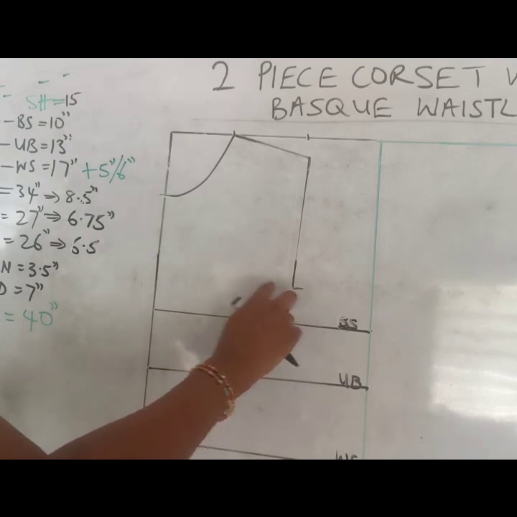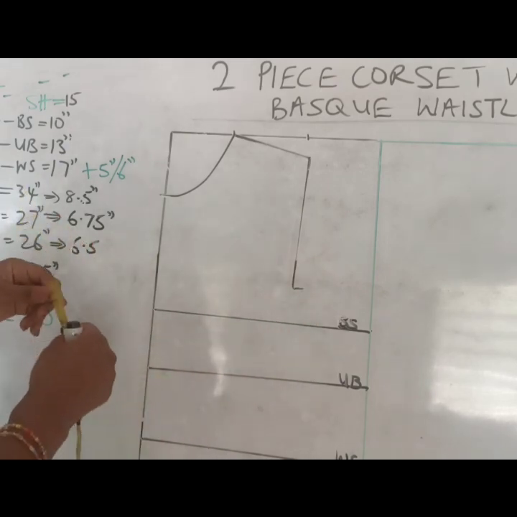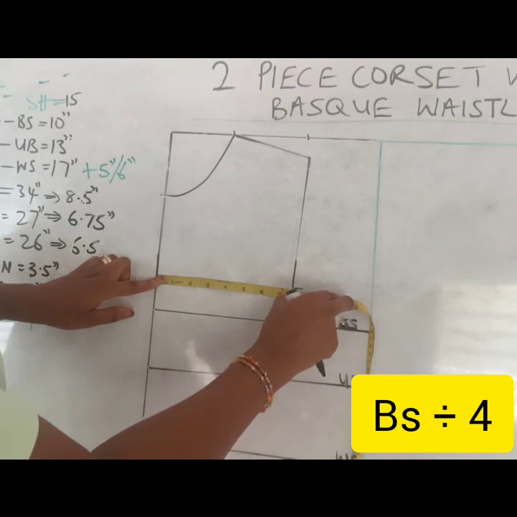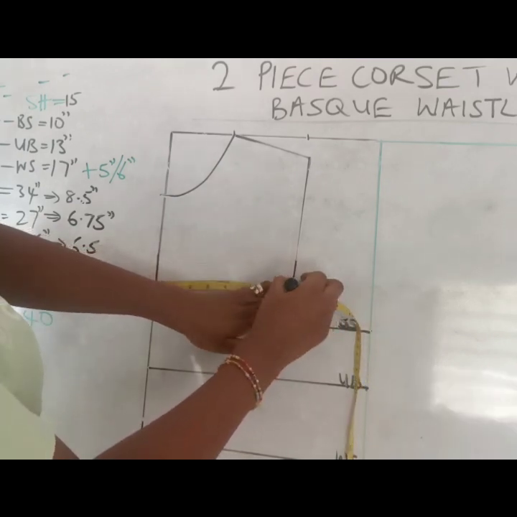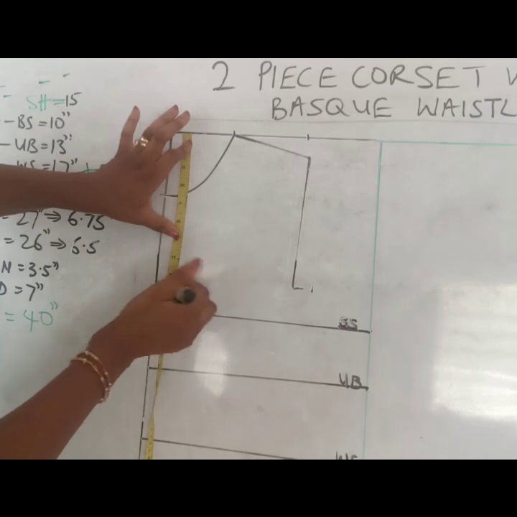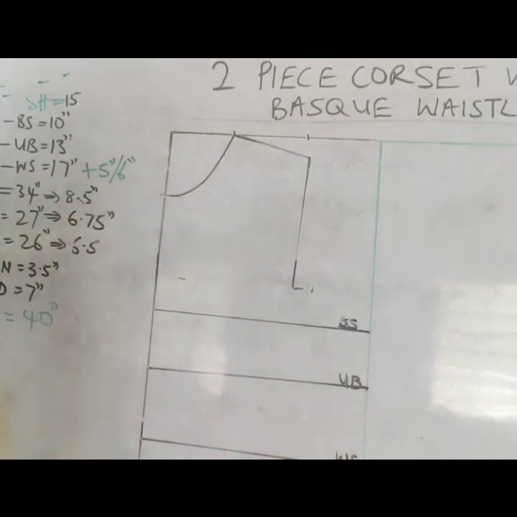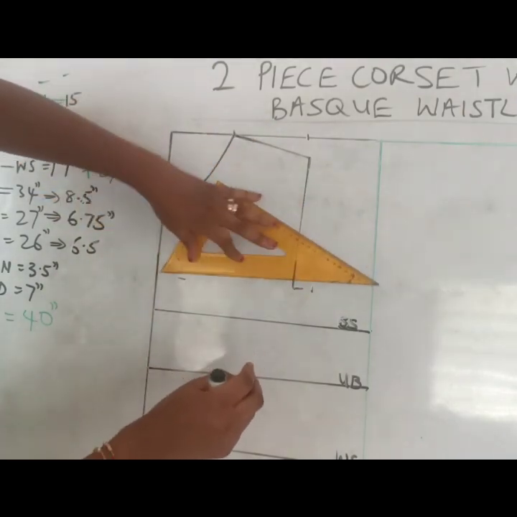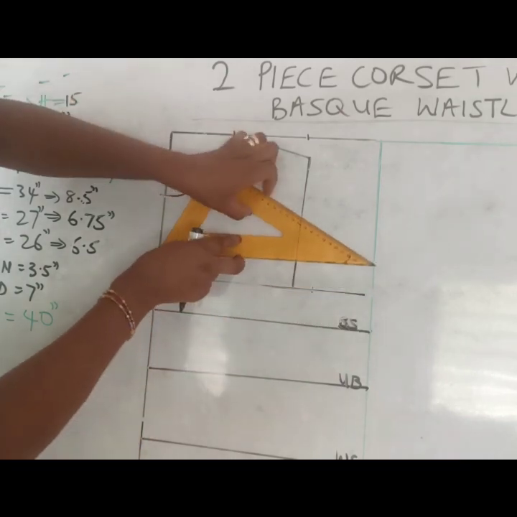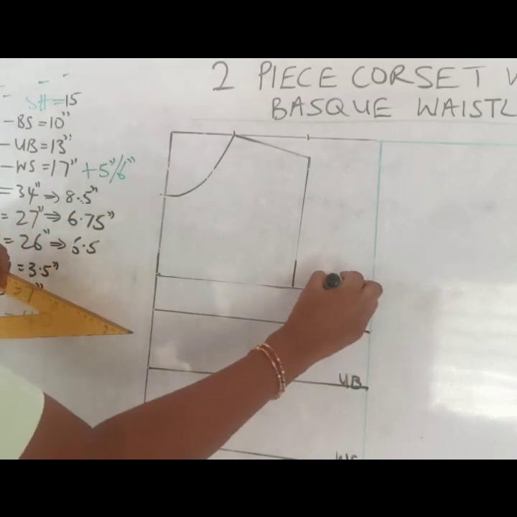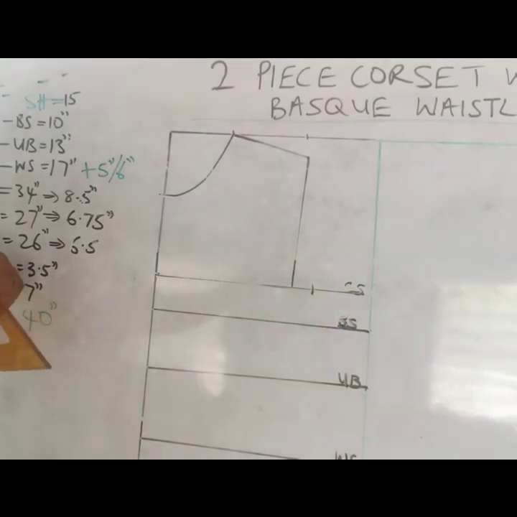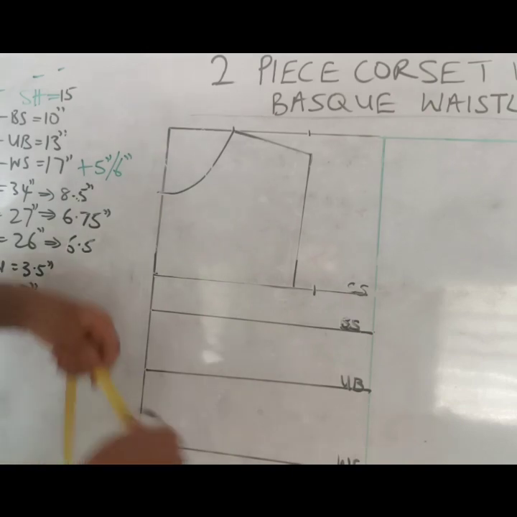At this point, I'm going to mark the bust circumference divided by 4, so we can have our chest line. The bust circumference divided by 4, which is 8.5. So this is our chest line. Next we're going to mark the armhole curve.